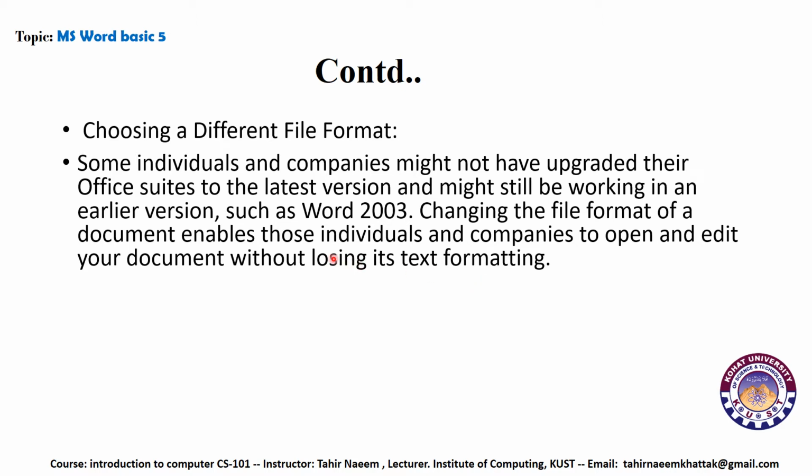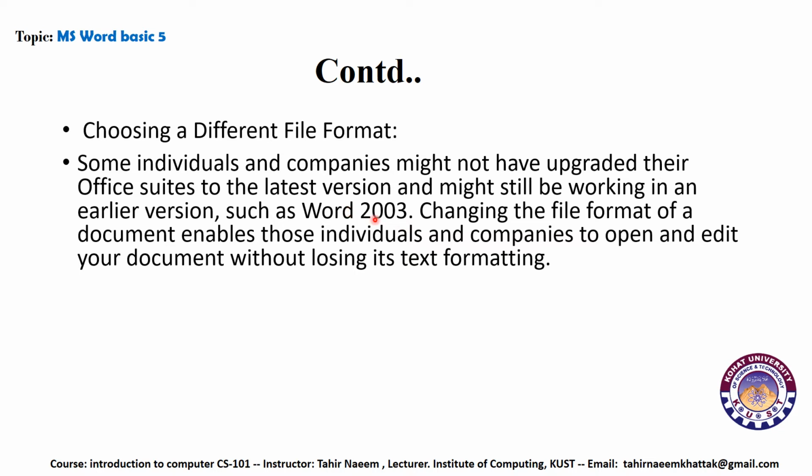Basically, if there are different versions of Word, let's say you have a PC or laptop at home with Word 2003 installed, and in the lab there is Word 2016.